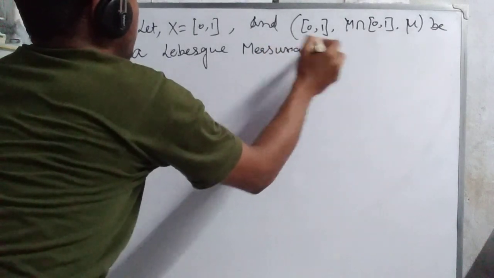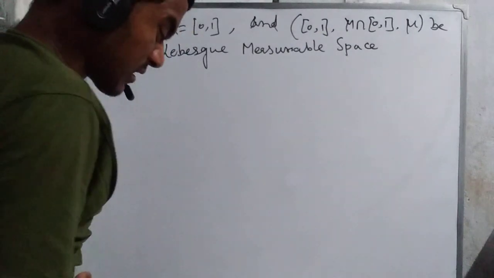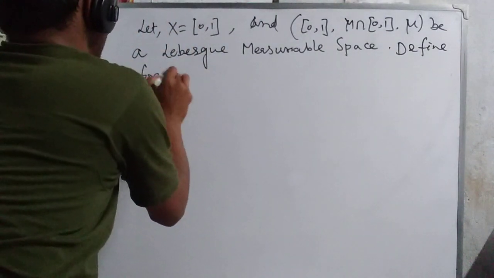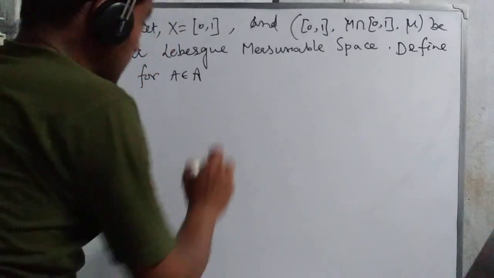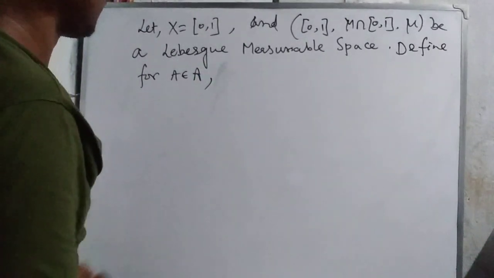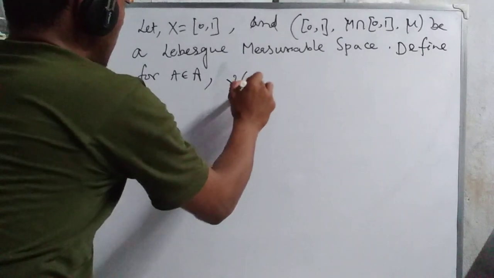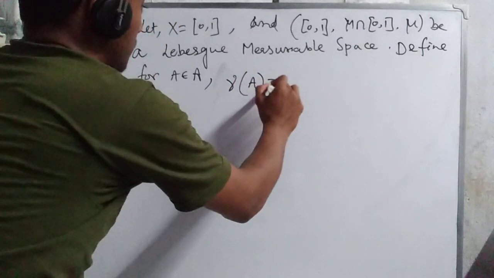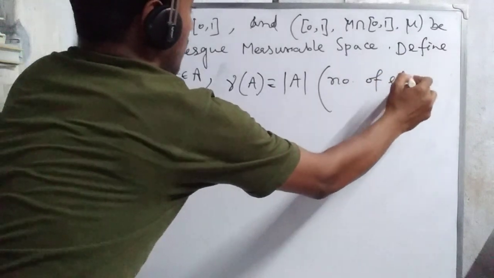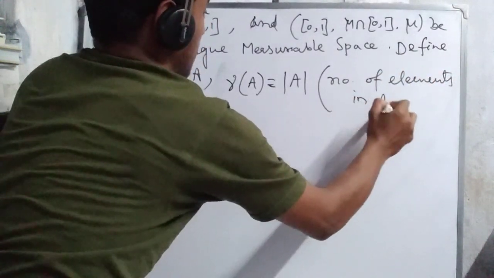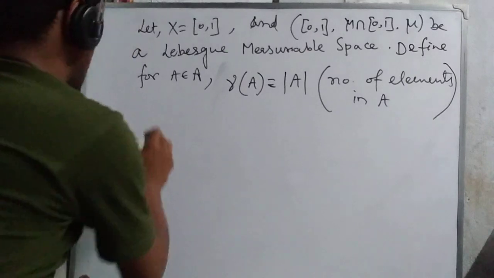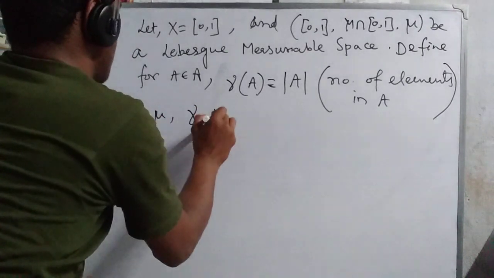Then define, for A belonging to script A, gamma of A equal to the cardinality of A, or the number of elements in A.